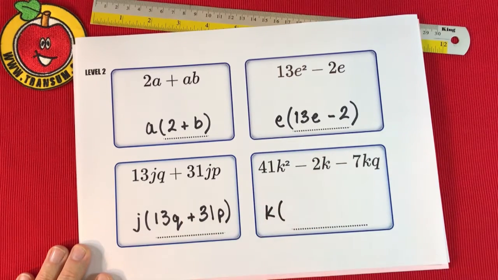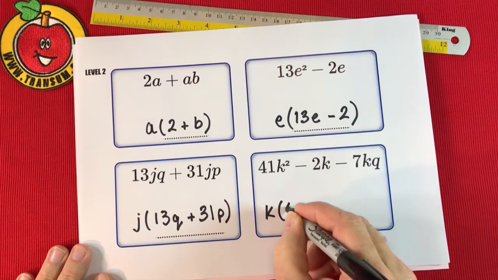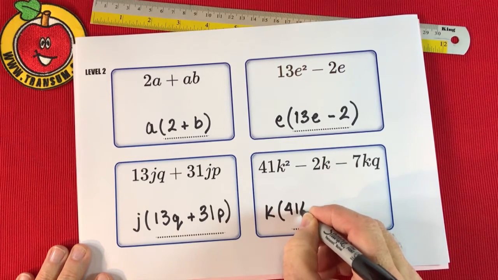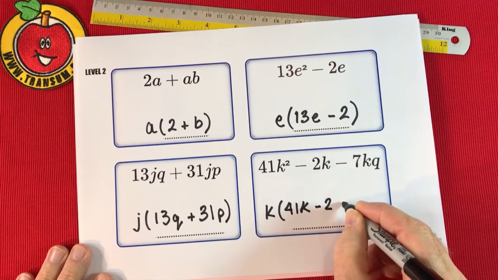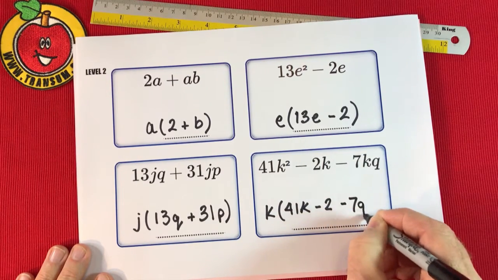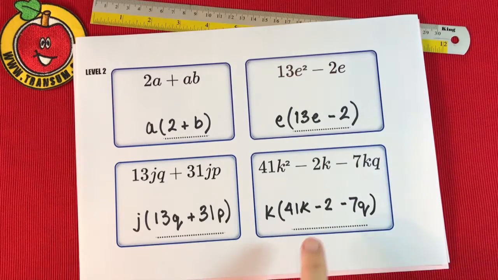So k will go in front of the brackets to leave us with 41k minus 2 minus 7q. And then don't forget to check it by multiplying everything inside the brackets by k to see if we get back to where we started.